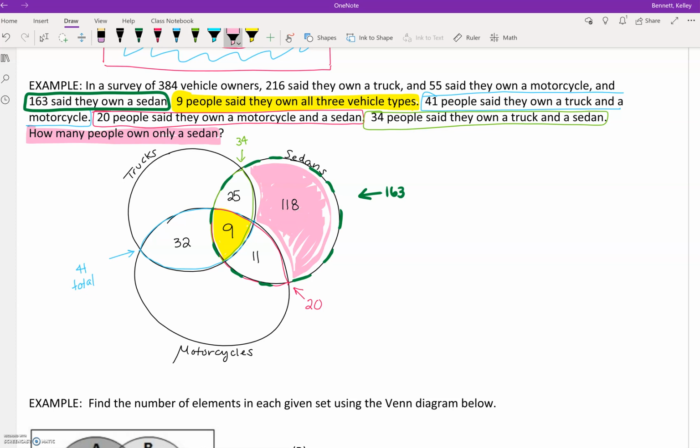Some of them also have a truck, some a motorcycle, some a truck and a motorcycle. So when you're asked for only a sedan, you have to look at the part in the Venn diagram that's not overlapping with anything else. So our answer is: the number of people with only a sedan is 118.